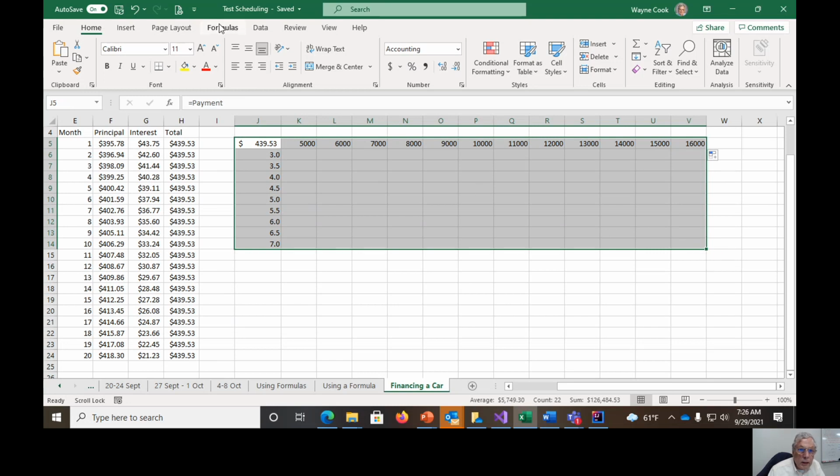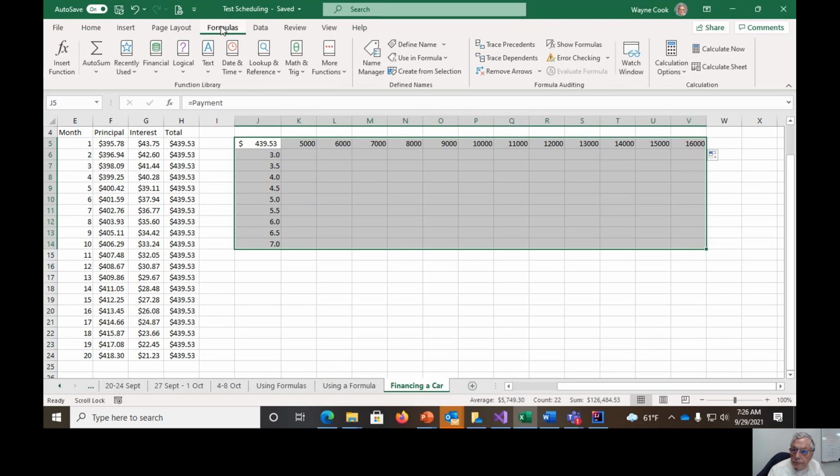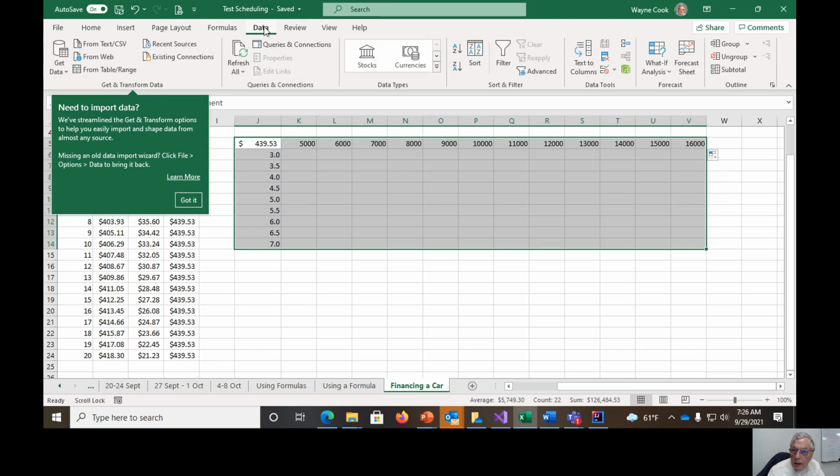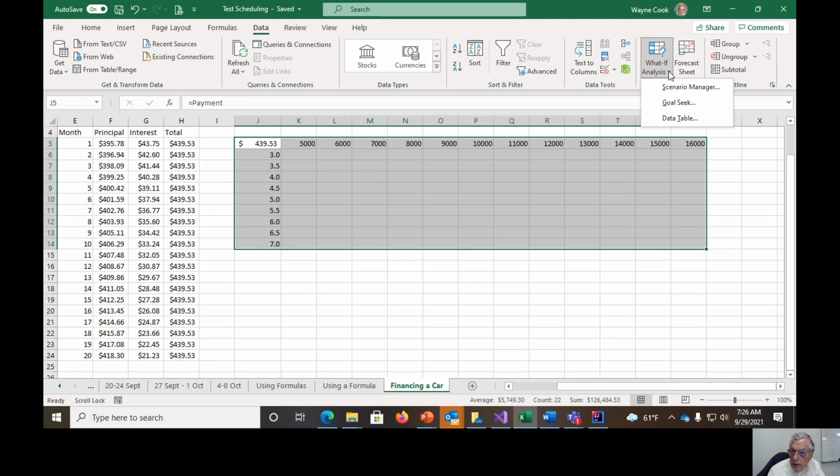Then on the formulas, let's see. What if analysis on the data section? And I'm going to use a data table.